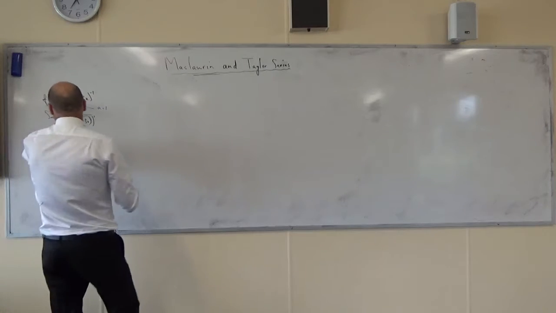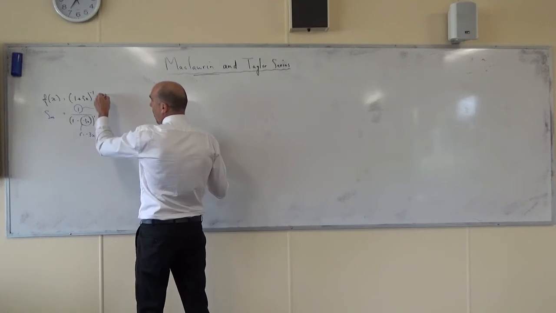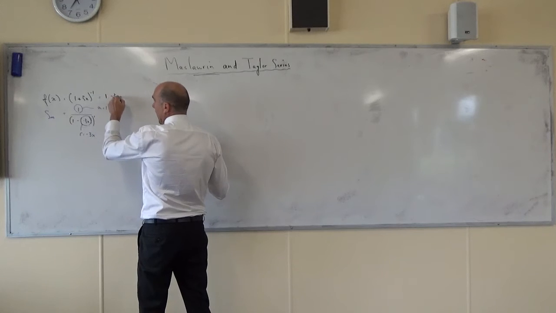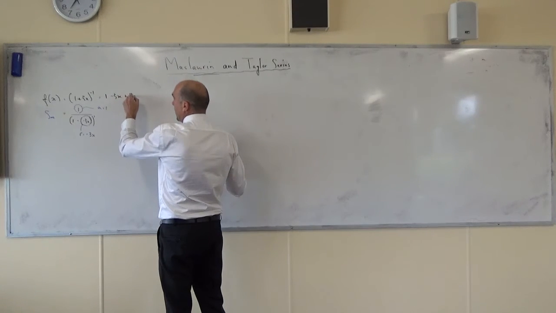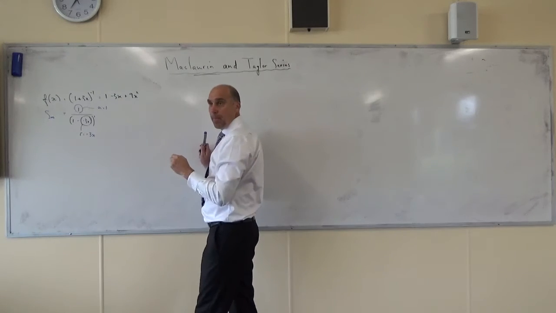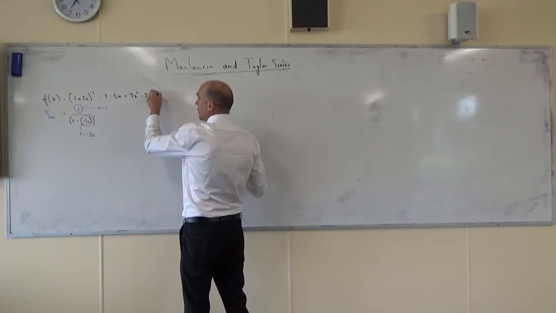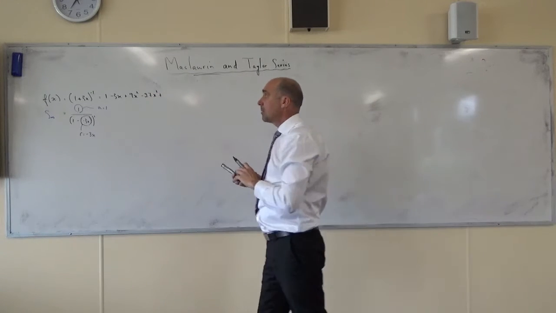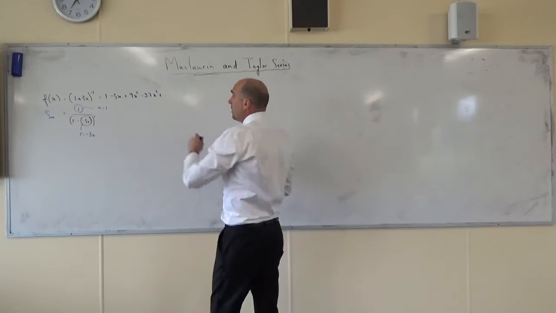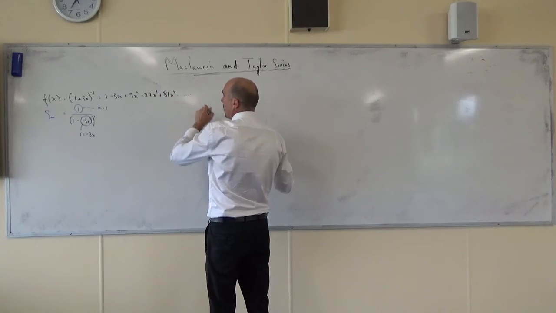So what would my series be for this? f of x can now be written as a series, which is 1 minus 3x plus 9x squared minus 27x cubed plus 81x to the power of 4 minus dot dot dot.